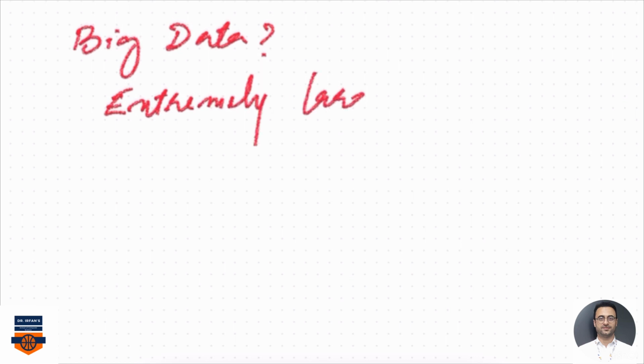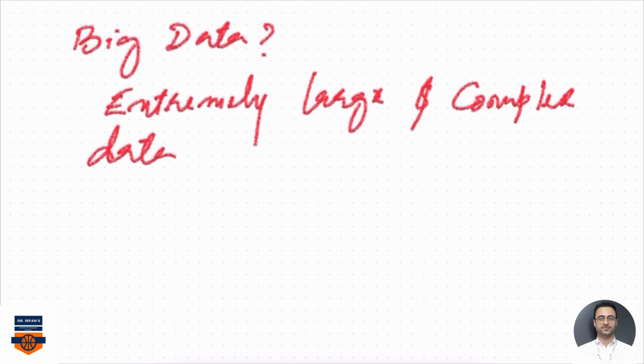So big data is used to address extremely large and complex data sets. So we have data, we have small data, we have large data, we have extremely large and complex data sets.